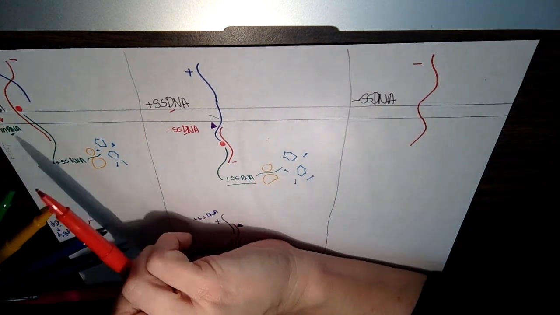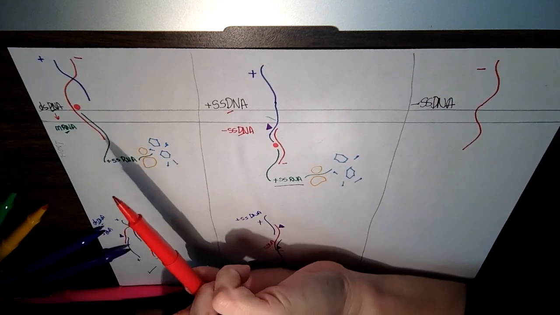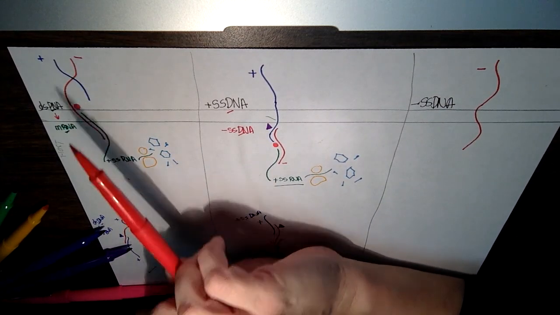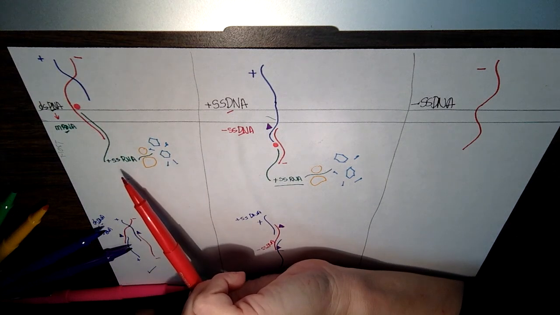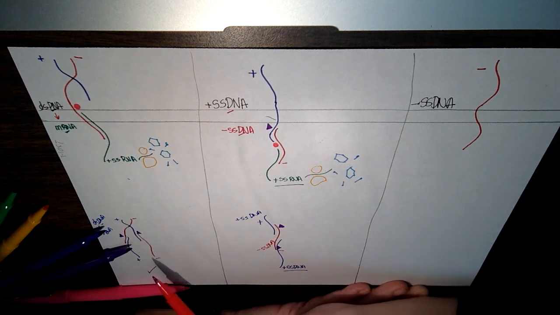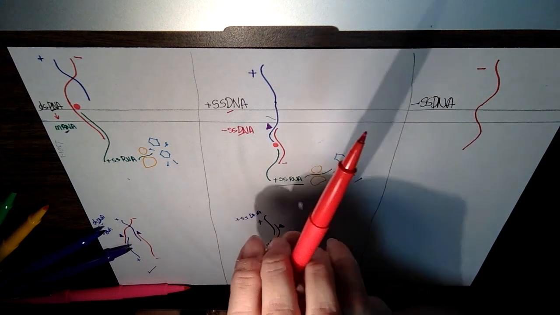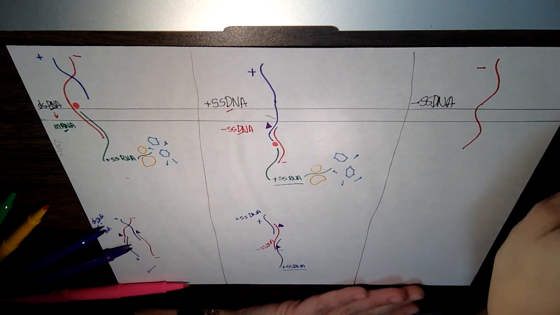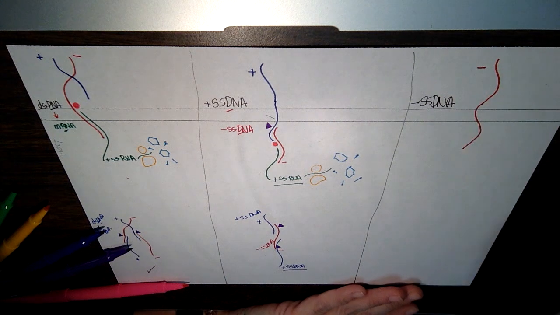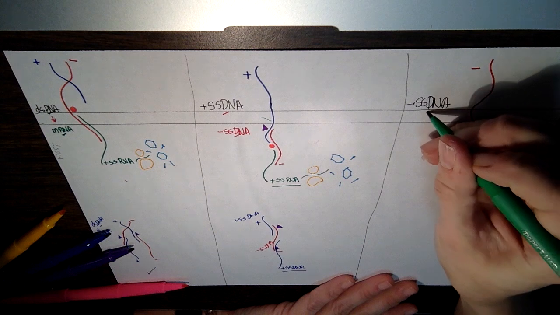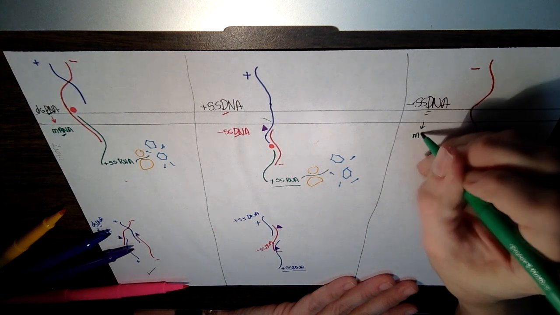And it's the same process as the first one. Remember the first one? We needed to make the negative into a positive. It's the same process here, except we're only starting with just the one strand. So we're going from DNA to the RNA, going from DNA to the mRNA.